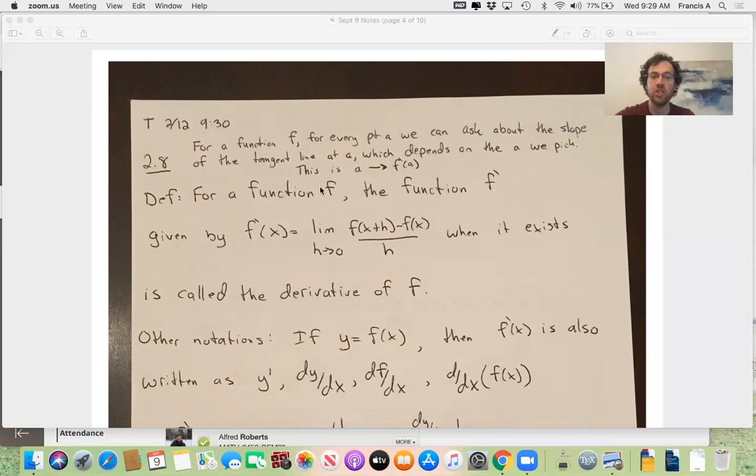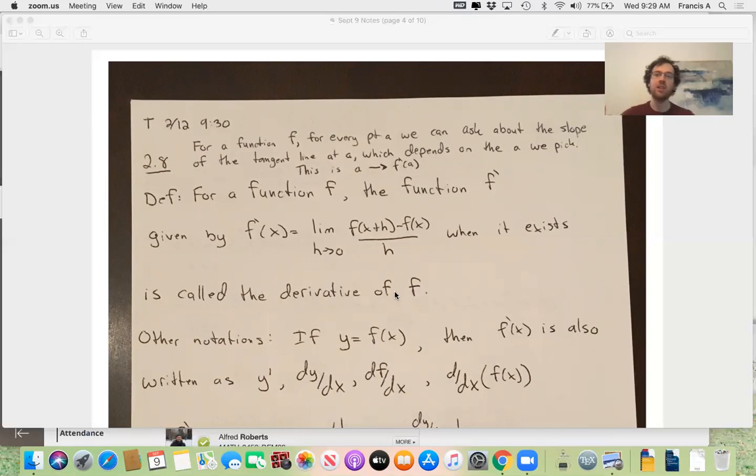So for a function f, you can define a new function f prime, where how you compute the value f prime at a particular x is you use the x that you're given, you set up this limit, and then evaluate it wherever it exists. And the function defined this way is called the derivative of f.